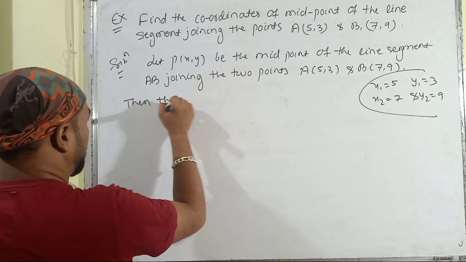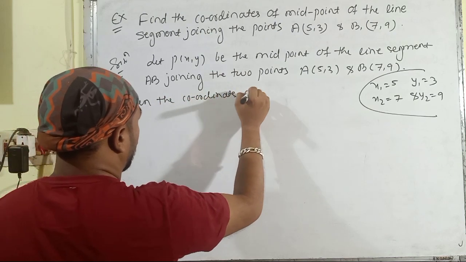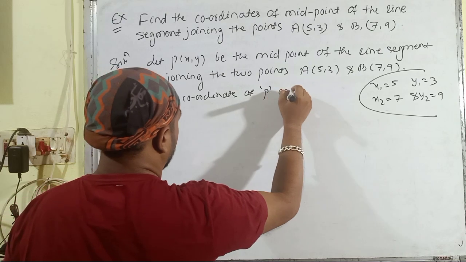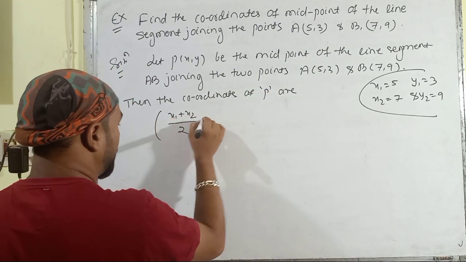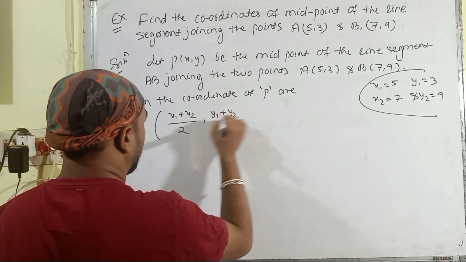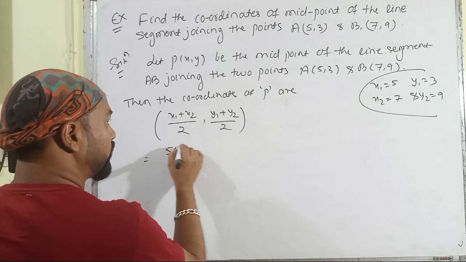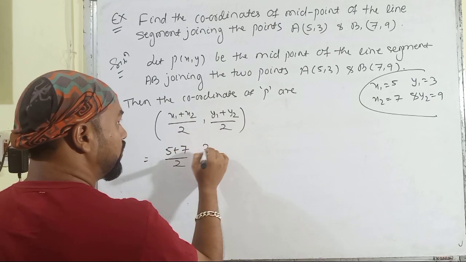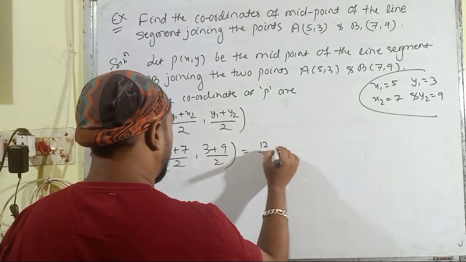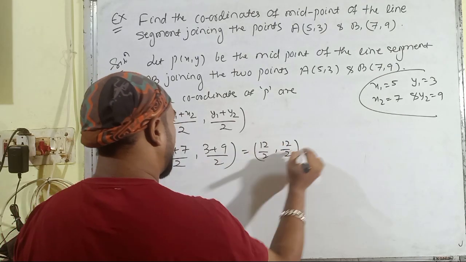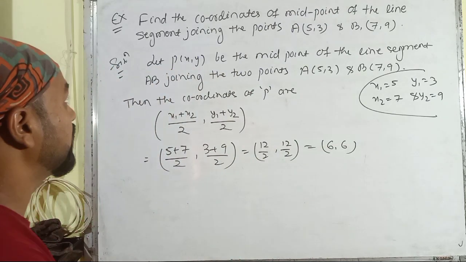Then the coordinates of P are (x1 plus x2) divided by 2, (y1 plus y2) divided by 2, that is, (5 plus 7) divided by 2, (3 plus 9) divided by 2, which is equal to 12 by 2, 12 by 2, and the required point is (6, 6).